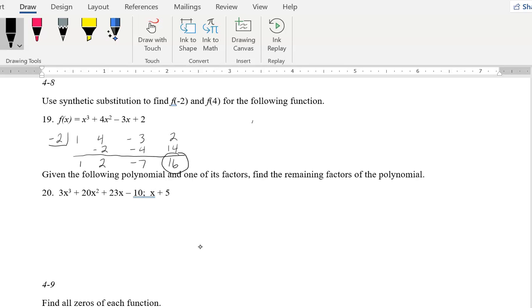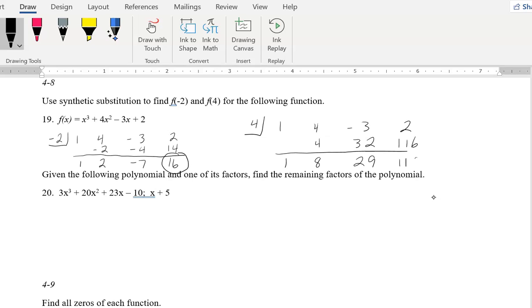Now I'm going to do the same thing with 4. 1, 4, -3, 2. Bring down the 1. 1 times 4 is 4, and that makes 8. 32, and that makes 29. 29 times 4 is 116.